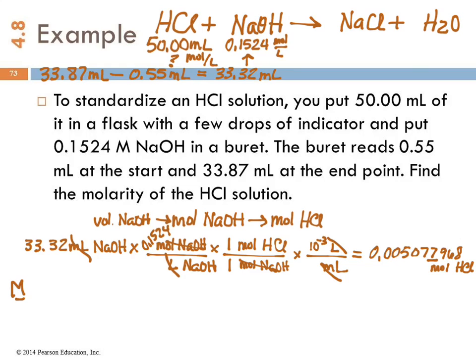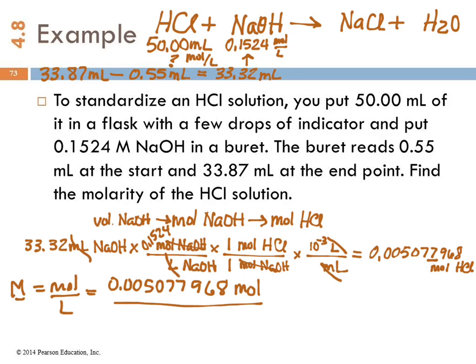We need the concentration in molarity. Molarity equals moles over liters. So that equals that number of moles I just calculated divided by the volume, 50 milliliters, and then I need to convert milliliters to liters. So I'll have milliliters on top and liters on bottom.